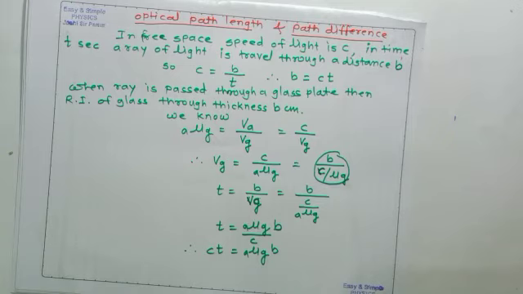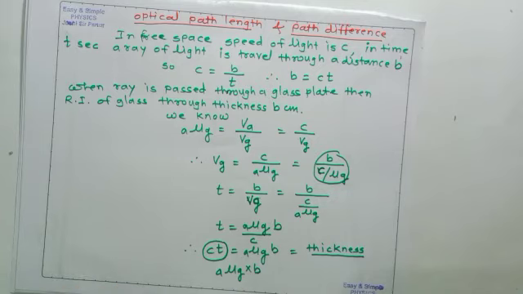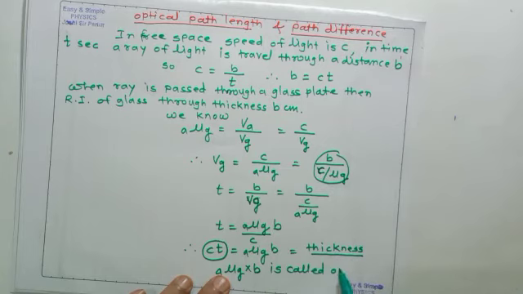Here this c t represents thickness, and mu of glass with respect to air multiplied by b is called the optical path length.